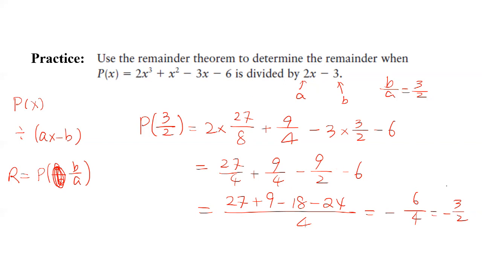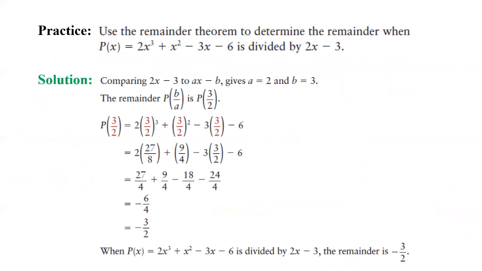So the remainder is minus 3 over 2. Understand? Okay, a clearer writing of the solutions is illustrated here. You can check it after the class.